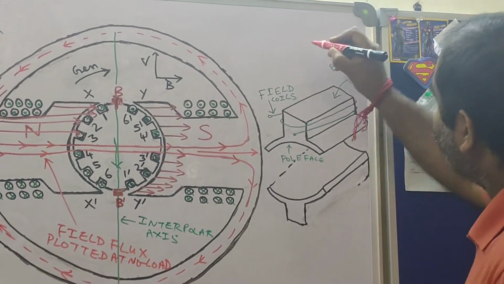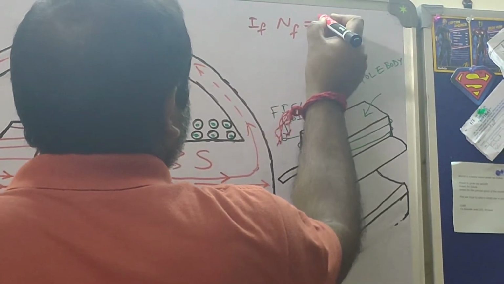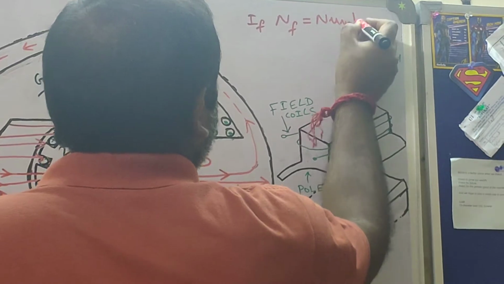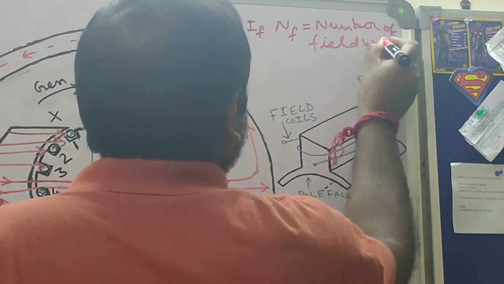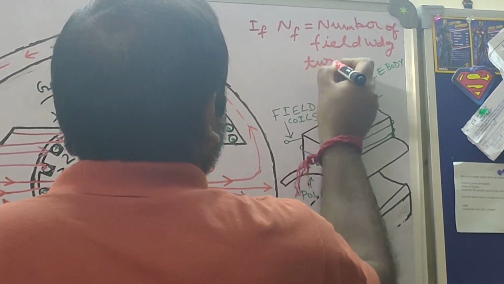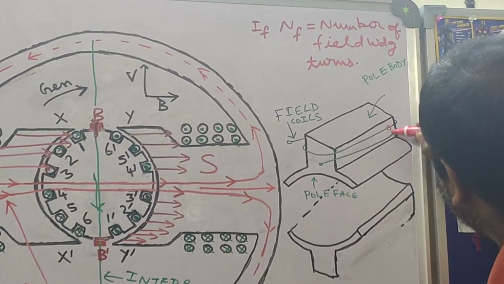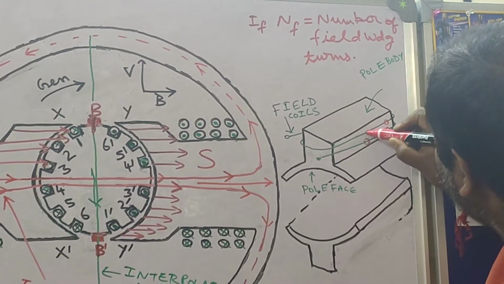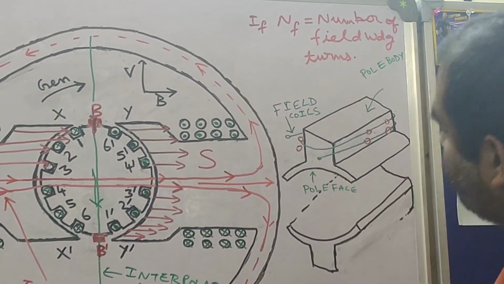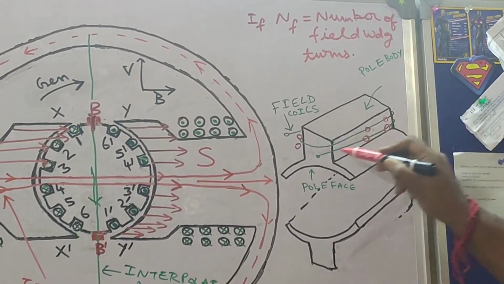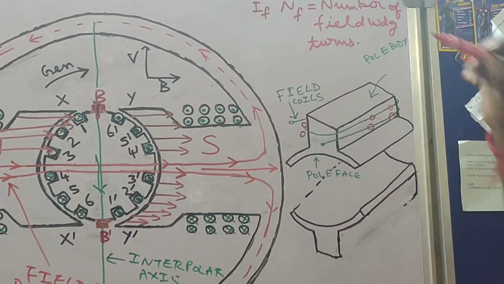If NF equals the number of field turns or field winding turns, then we will have NF conductors on this side of the field pole. Likewise on this side also, NF. In this example, if I am making 2 turns, then there are 2 conductors on this side of the field pole and 2 conductors on this side.